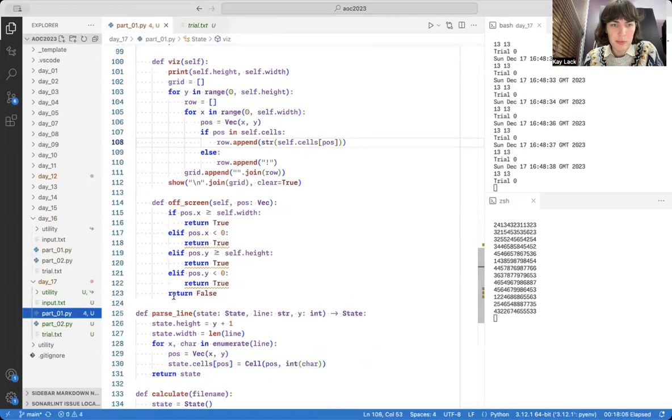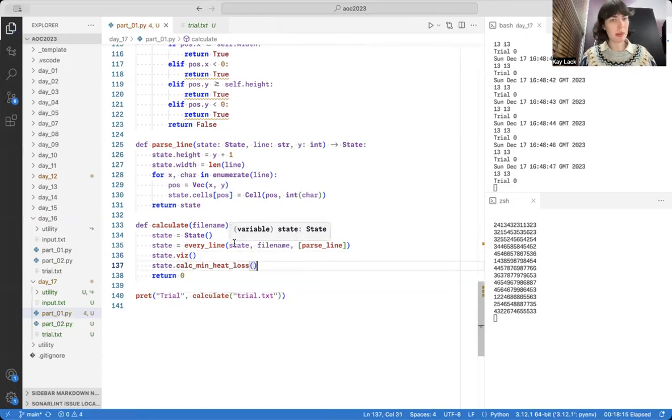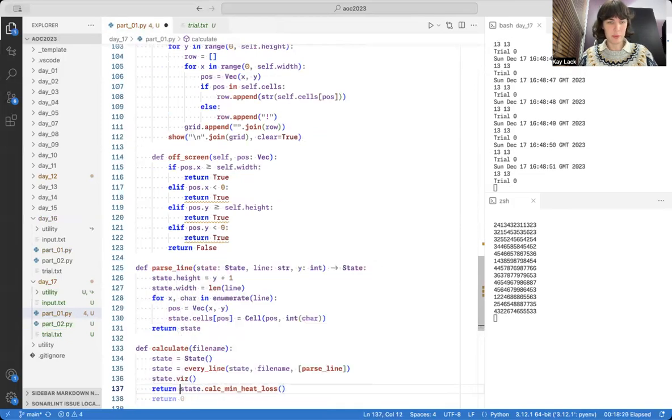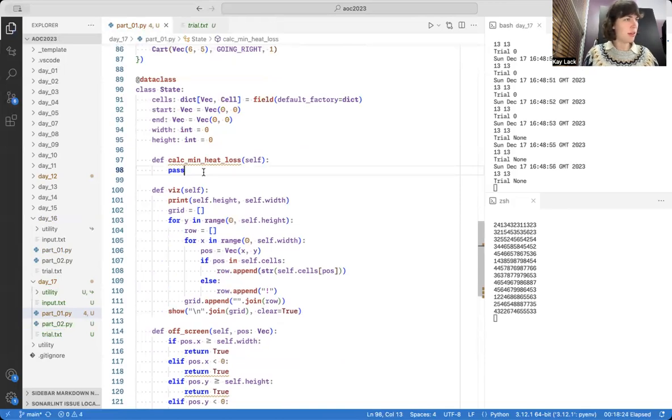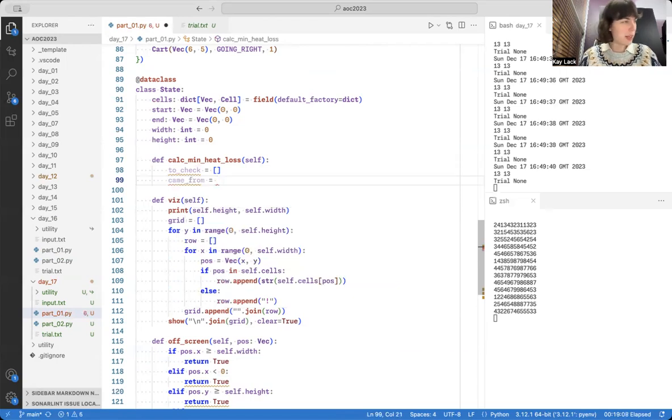Looks good. Great, now we're on to the actual work. It's totally cribbing from Wikipedia now.